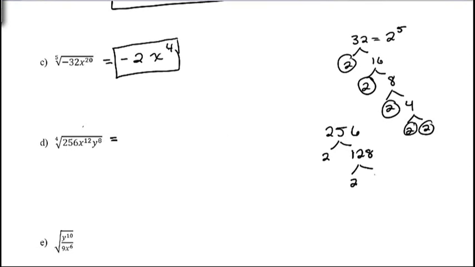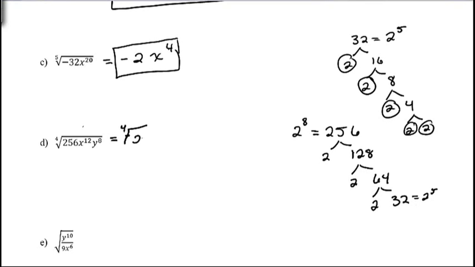And 2 goes into 128 64 times. And 64 is 2 times 32, and we already know that 32, because we just factored that, is 2 to the 5th. And so we have 1, 2, 3, and then this is 5 2's being multiplied together, and so we have a total of 8. So that's 2 to the 8th.